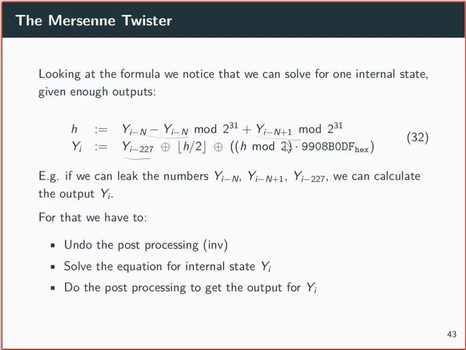So we've seen we can invert the post-processing, so given an output we can recreate an internal state, and then we should be able to solve equations to find previous outputs, right?